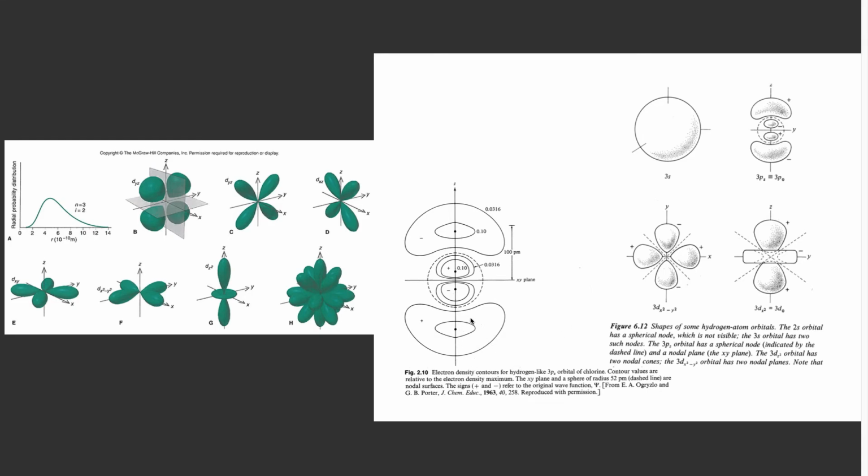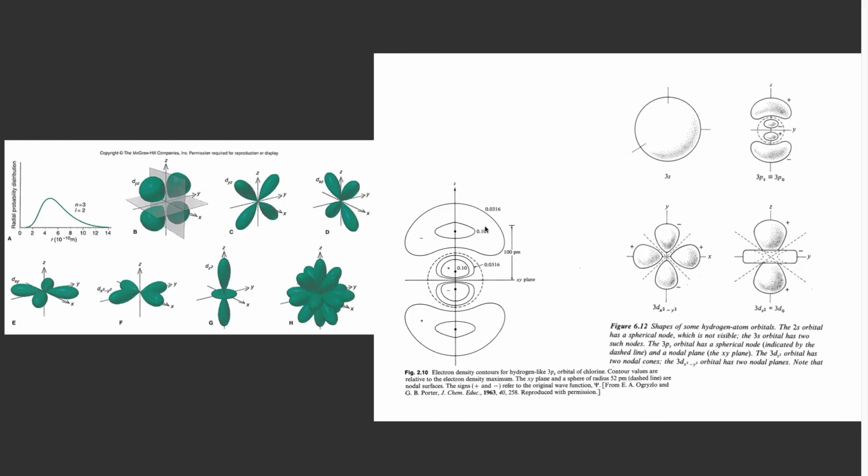Here's another kind of larger scale picture of the 3pz orbital for chlorine. And what you're seeing here is the different probability of finding the electron at this distance of 0.1. So it's more likely to be here than it is to be here at 0.0316, right? And we can define the size of this orbital by how certain we want to be that the electron is within that.